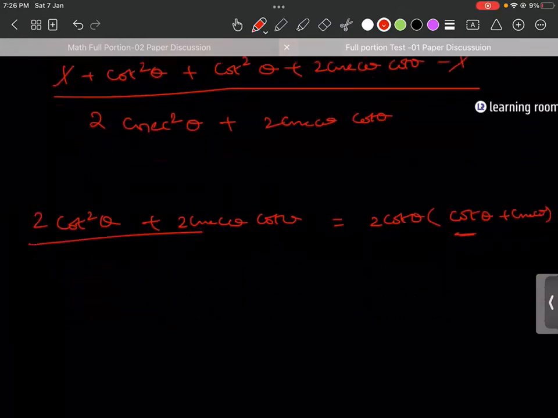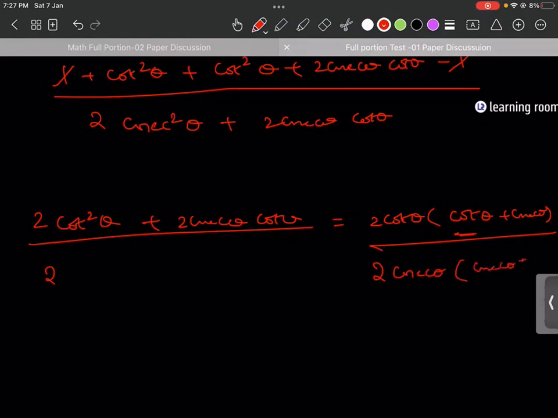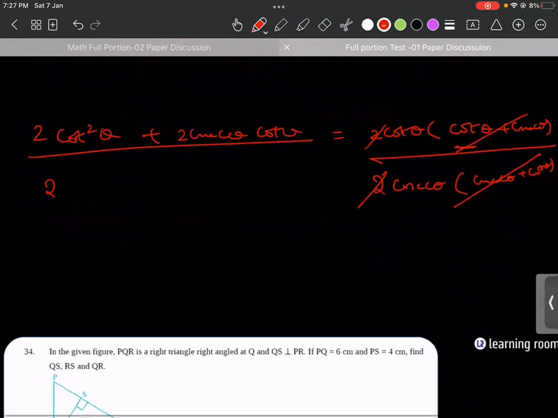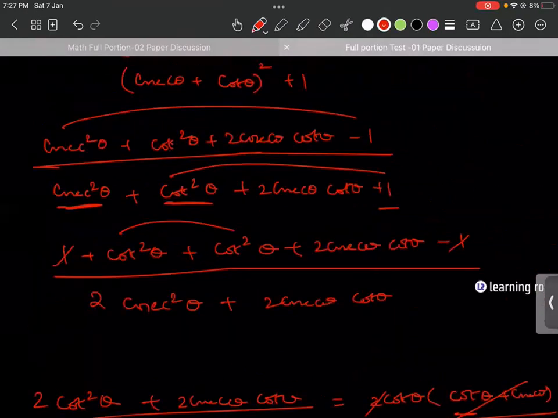So in the denominator, I'll directly come to this step: 2 into, what can I take out common? Cosecant theta into cosecant theta plus cot theta. This and this will get cancelled. 2 and 2 are gone. What is cot theta? Cos theta by sin theta. Cosecant theta is 1 by sin theta. This and this will get cancelled. I'll get cos theta.